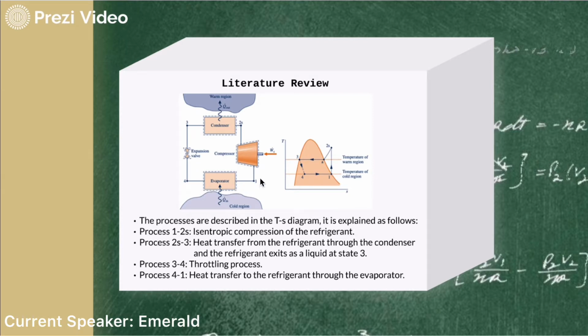And then from state 4 to state 1, heat transfer to the refrigerant through the evaporator occurs. Heat is transferred as Q dot in from the cold region to the evaporator as refrigerant goes from state 4 to state 1. And from state 2S to 3, heat is transferred out from the condenser to the warm region and expressed as the Q dot out.